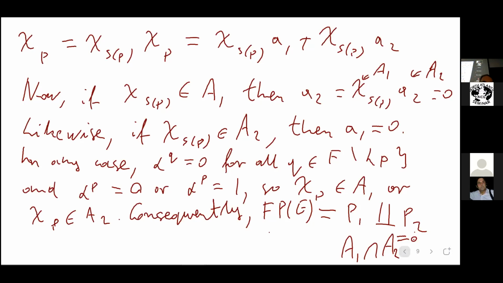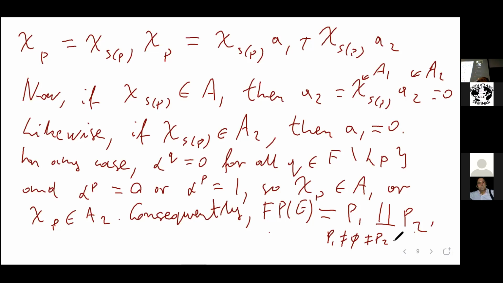So let me do the following. I erase this argument, and I'll write down that P1 is not empty and P2 is not empty. Right, because well, assume that all chi P's are in one of these two subalgebras, okay?